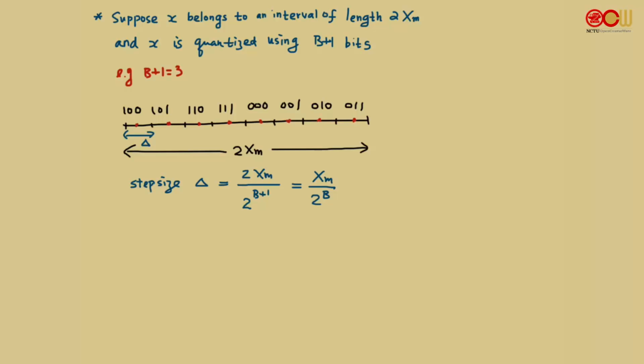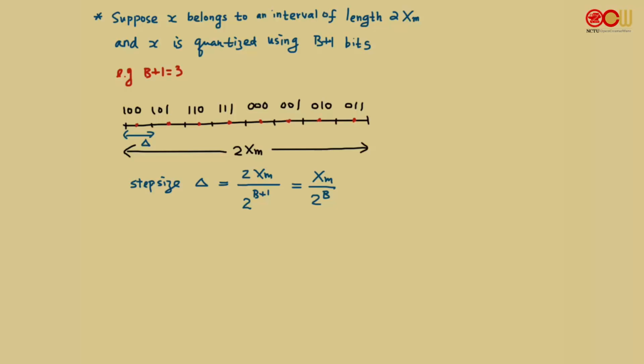Now if we consider the value of x and its quantized version, it will really depend on how big the interval is, or how big the step size is. What is the largest difference between x and its quantized version?